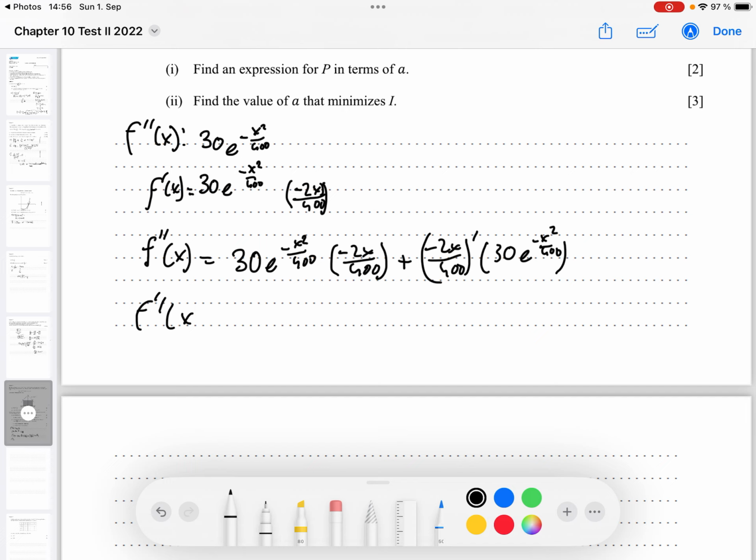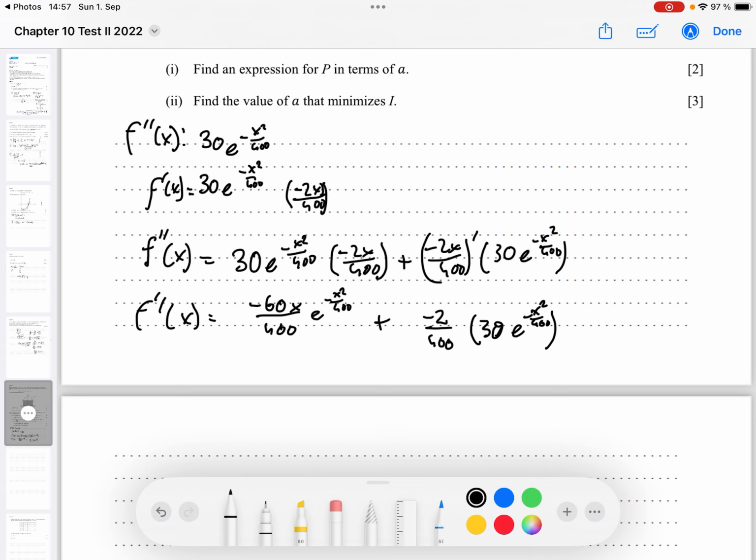So that means f prime prime of x will be written as negative 60x over 400 e to the negative x squared over 400 plus negative 2 over 400 times 30e to the negative x squared over 400.